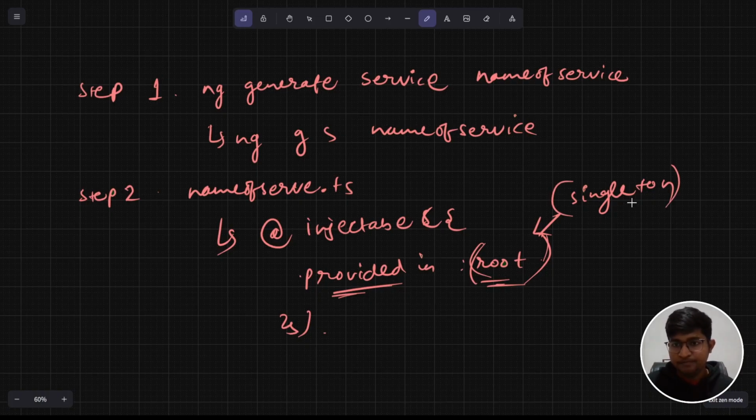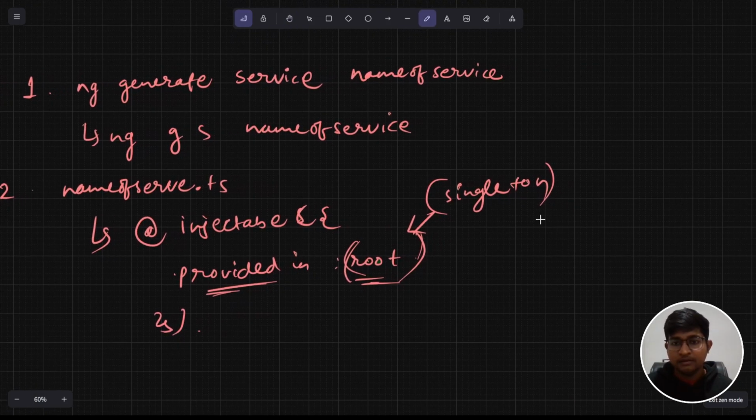Singleton. Now this singleton is a little interesting. It means that we make only one single instance, meaning only one copy of the service will be present. There will be no multiple instances of it, like objects and classes in Java.